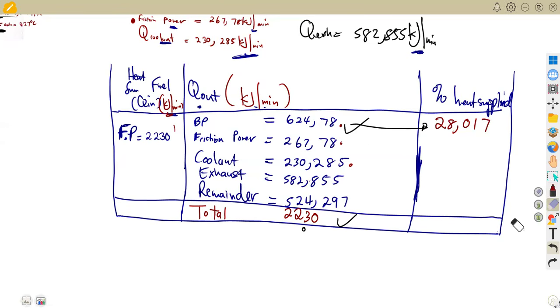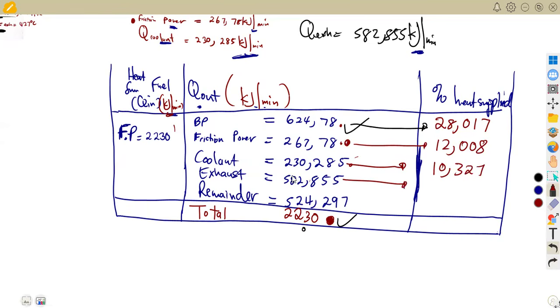You do the same thing. The friction power over the total power times 100%. You are going to get 12,008. The same thing on the coolant. The one that we have on the coolant to the total times 100%. So that is going to give us 10,327. The same thing for the exhaust.